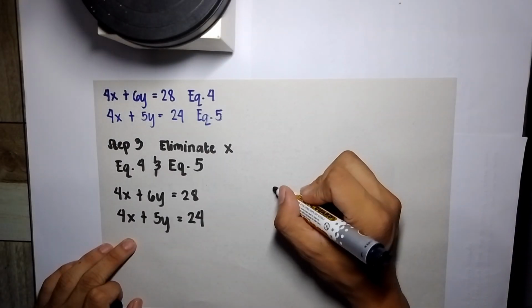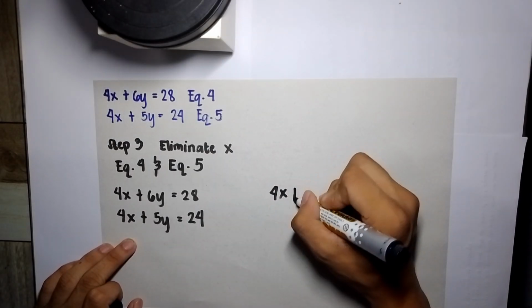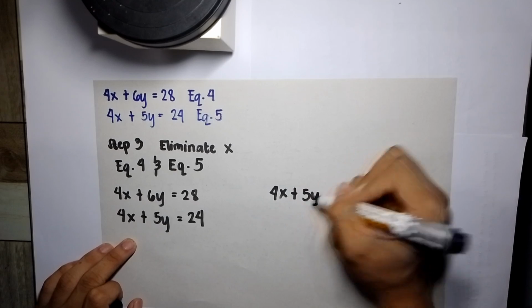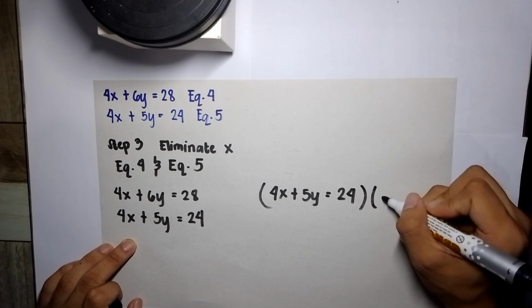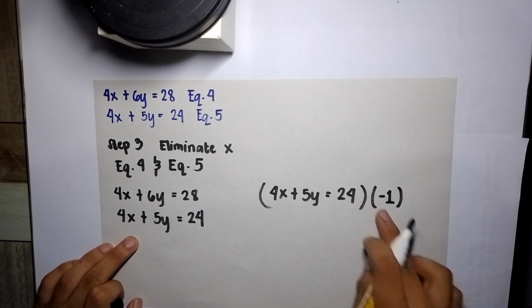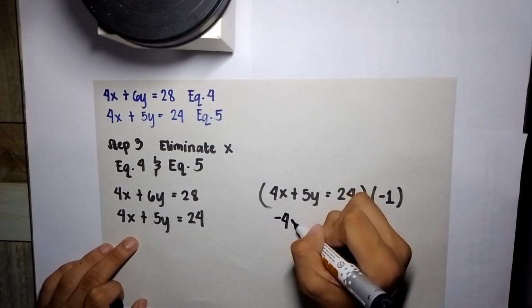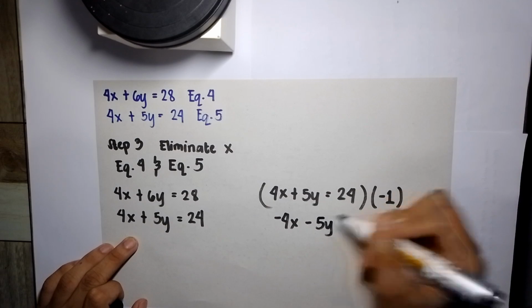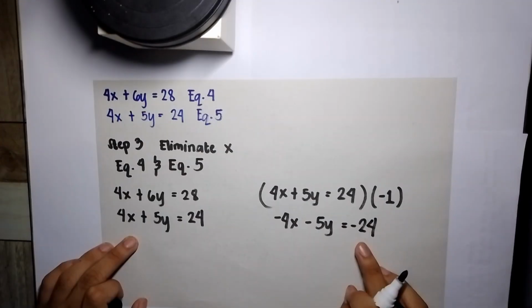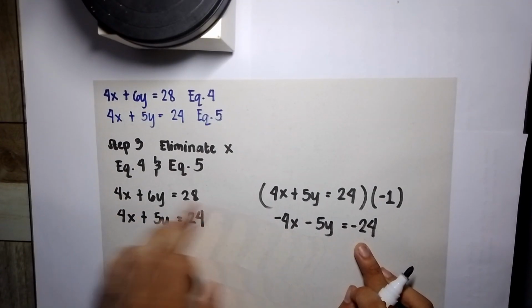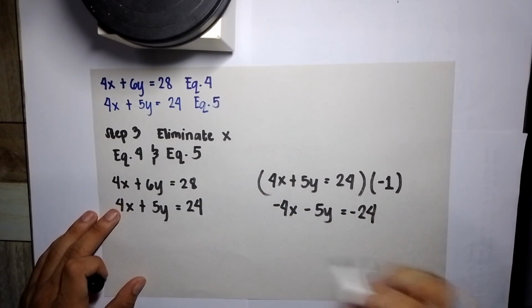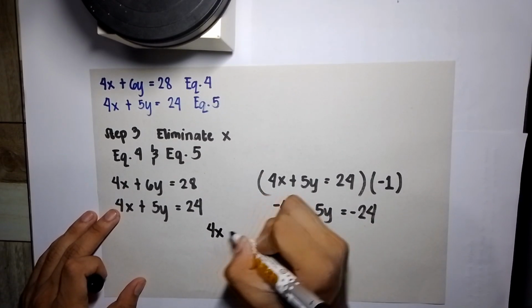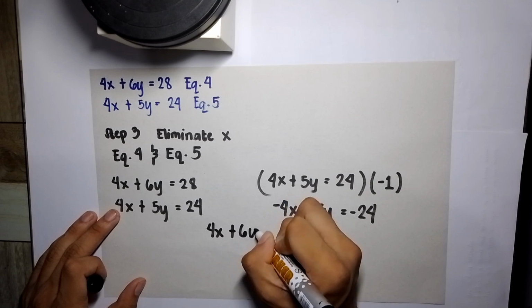For us to eliminate letter x, we are going to multiply equation 5 by negative 1. Using again the distributive property, multiply negative 1 to equation 5. Now we have negative 4x minus 5y equals negative 24. At this point, we can now eliminate our variable x.